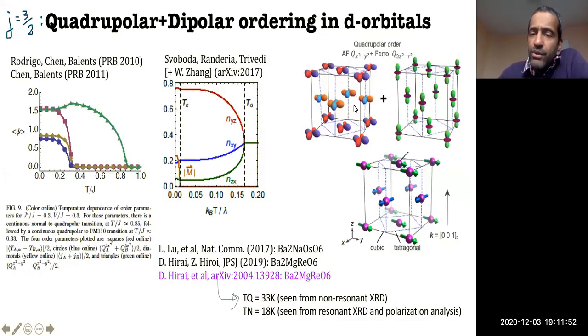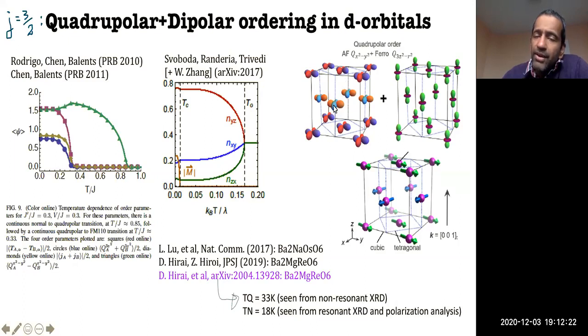And in fact, they have used resonant X-ray diffraction measurements and magnetic X-ray diffraction measurements to look for this quadrupolar order. Okay? And quadrupolar order, because it's time reversal invariant, in systems with inversion symmetry, is tied directly to time reversal invariant charge order in some sense, or orbital order really.